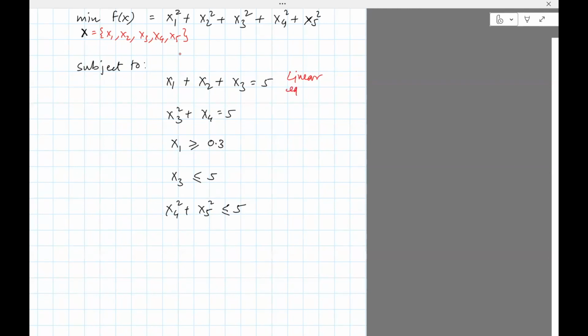So linear equality constraints. The reason I put it there is because some optimization solvers like you to tell them about such constraints because they are usually kind of simple because they are linear. The second one, however, you can see there's an x3 square. That's nonlinear. So the moment there's one nonlinear term, this becomes nonlinear.